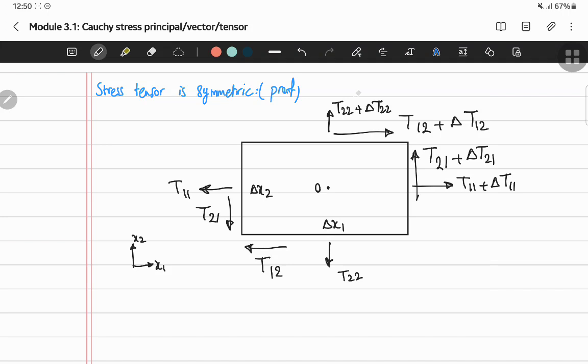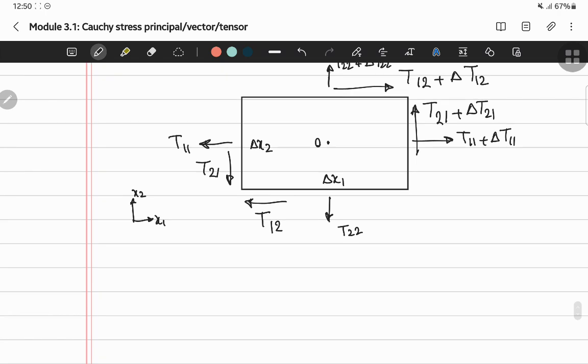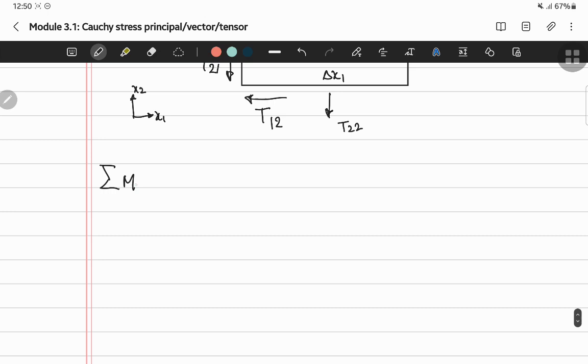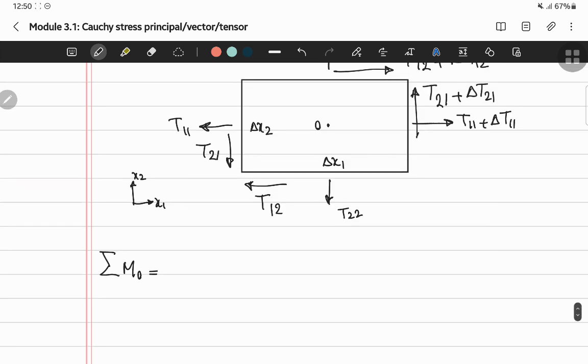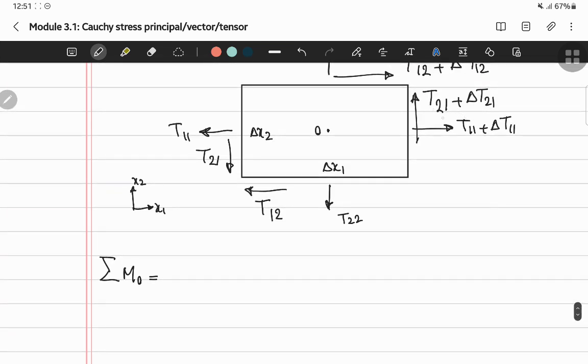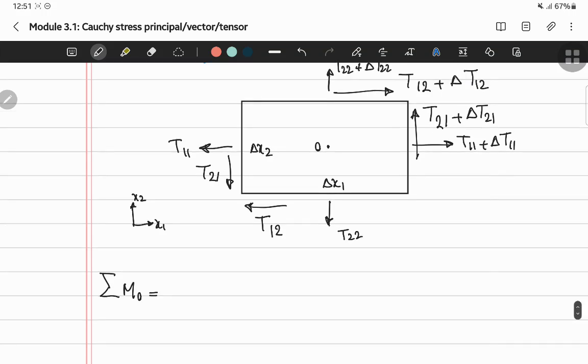So I'm going to write the equilibrium here around the moment equilibrium around O. I know that if I multiply this stress times the area, I will be able to find a force, and then if I find the product of the force and the vector, I will be able to find the moment.